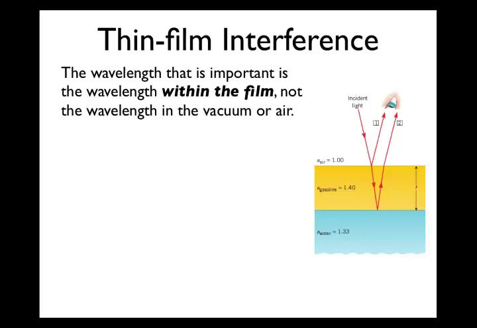So another note about solving these thin film problems is that the wavelength that's important to our considerations here is the wavelength of the light within the film, not the wavelength in the vacuum or air. So recall from tutorial, we talked about two pulses moving from a fast-moving medium to a slow-moving medium, or vice versa. Well, when it goes from a fast-moving medium to a slow-moving medium, recall that the pulses get closer together, or a single pulse gets narrower, and that is consistent with a change in the wavelength of that pulse.